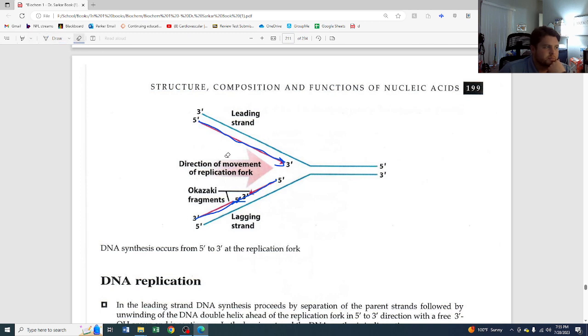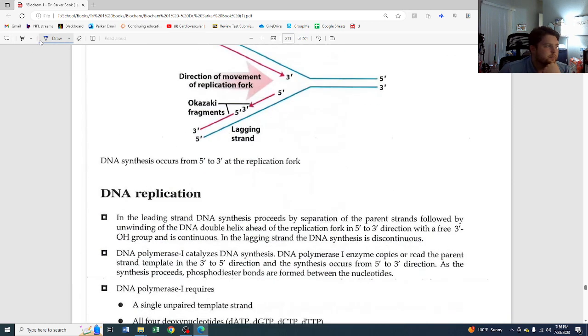So you have the leading strand that goes straight through, 5' to 3', and the lagging strand that is discontinuous. We'll get a little bit more into that down here.